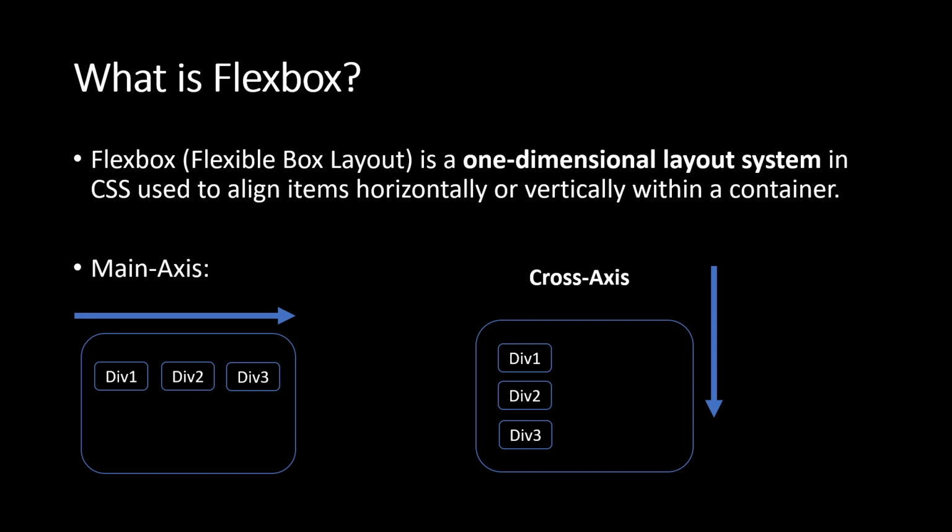So I have tried to show here. There are two containers. In the left container the items are aligned horizontally, right? While in the right container the items are aligned in the cross axis, meaning vertically, right?